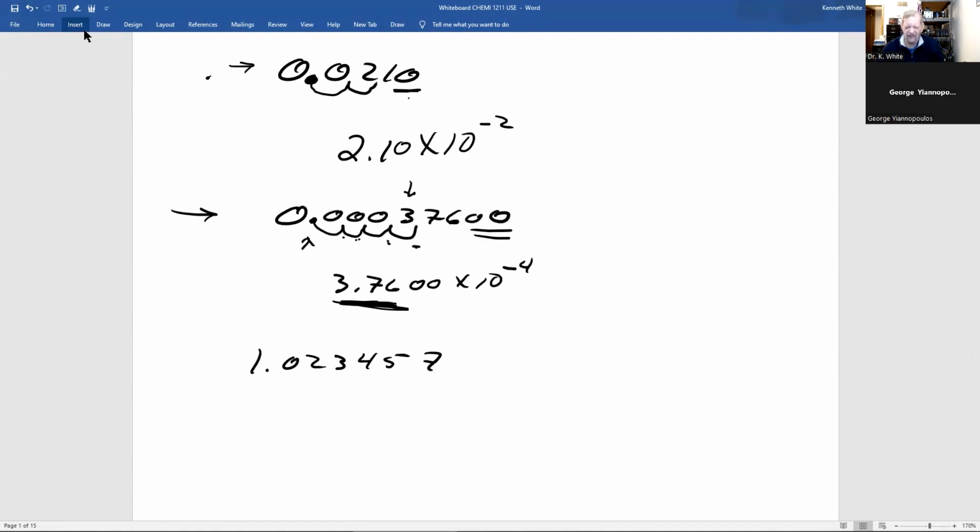And why don't you try this one? Round this off. Why don't you round that number off, this one right here, to 4 significant figures? Your turn.